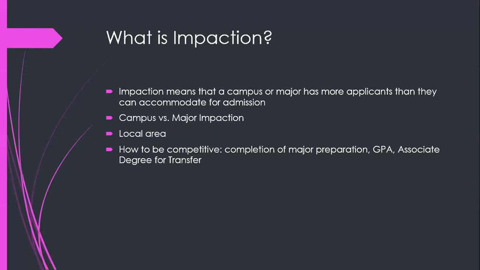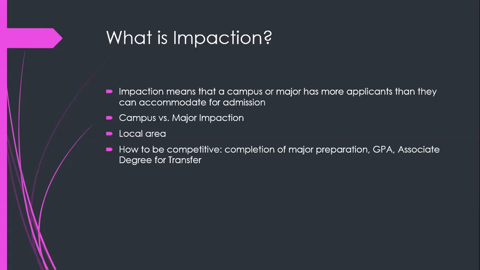Some entire campuses are impacted, and so that means that there's requirements above the minimum for all majors on that campus. They also have something called local area impaction, and that means that a campus will prioritize students that are applying that are within their local area.